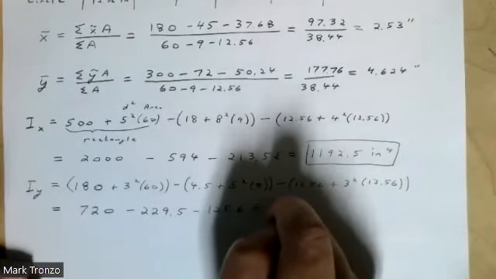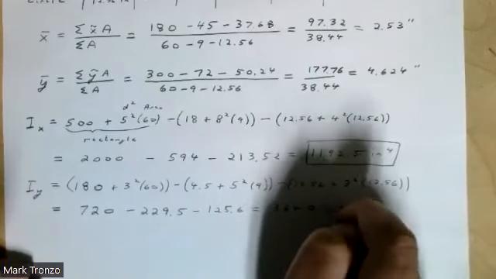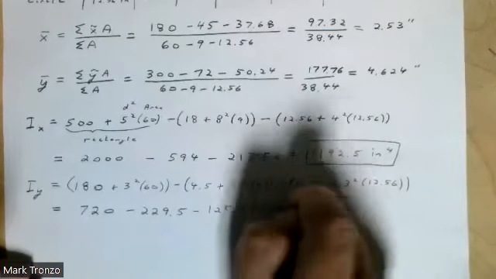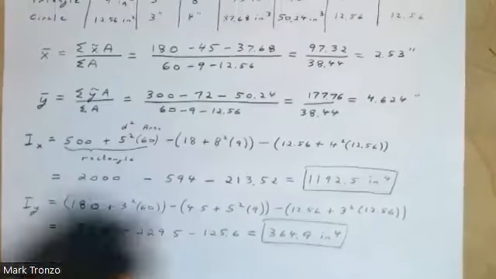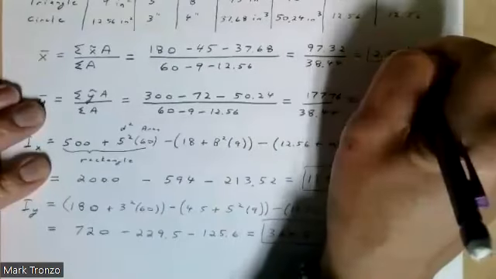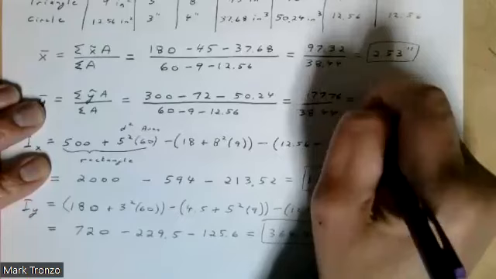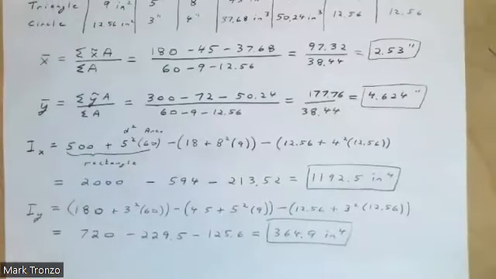And so I'm getting 364.9 inches to the fourth. And those are our answers. Got our centroids up here. And our moments of inertia down here.